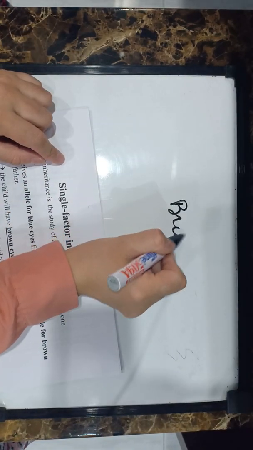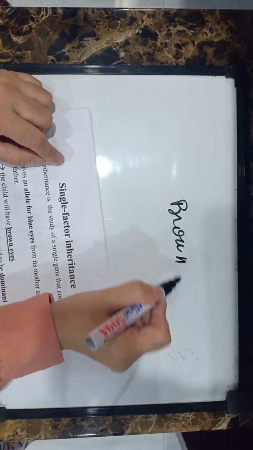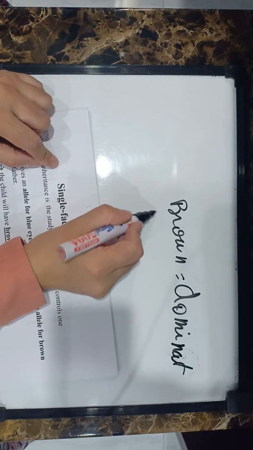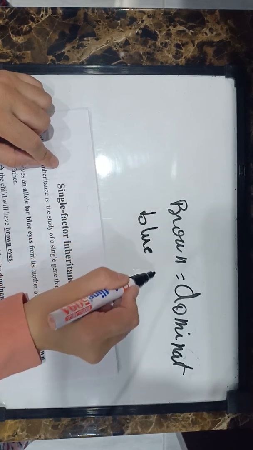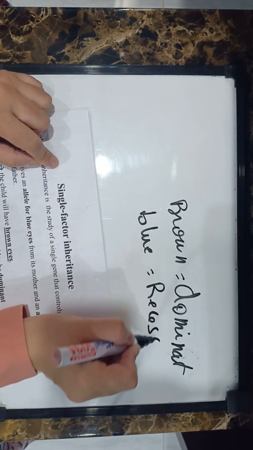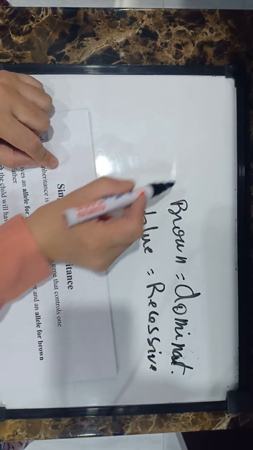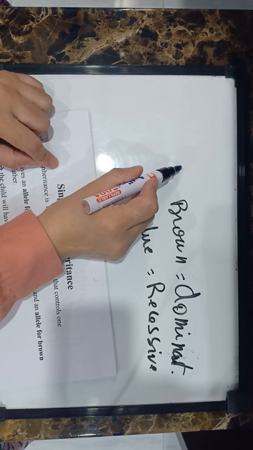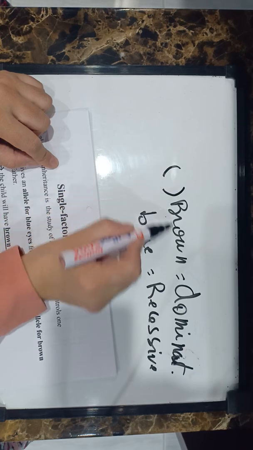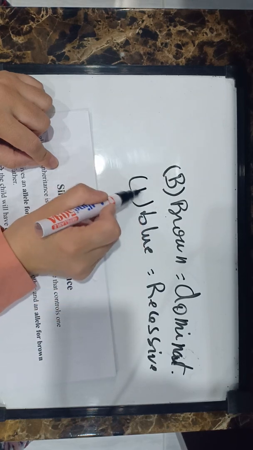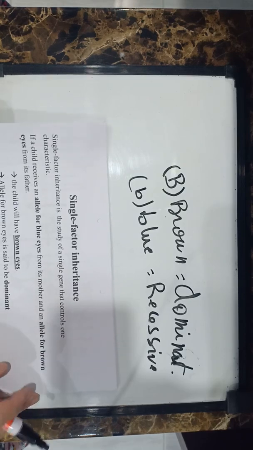Let's say the brown is dominant. The blue is recessive. We will put the symbol for brown as a capital B and blue as a small b.